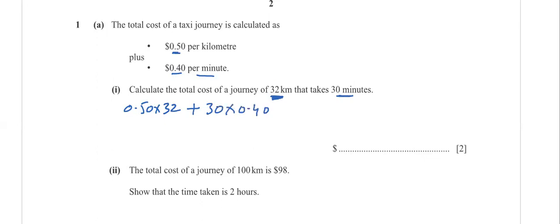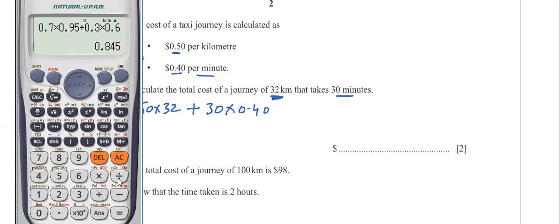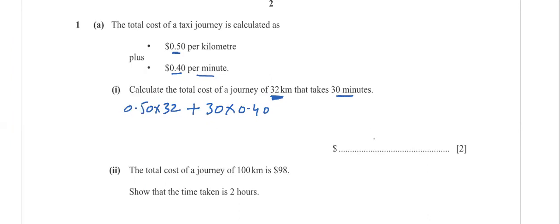That will be the total cost. Because this is how the fare will be calculated. So calculate it now: 0.50 multiplied by 32 plus 30 multiplied by 0.40. So 28. It means the fare for this journey will be $28.